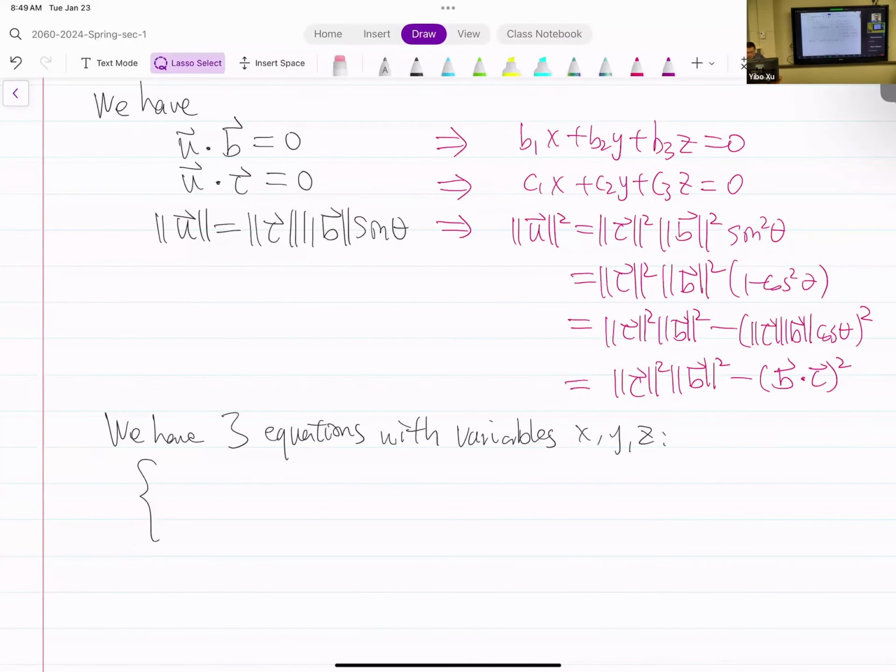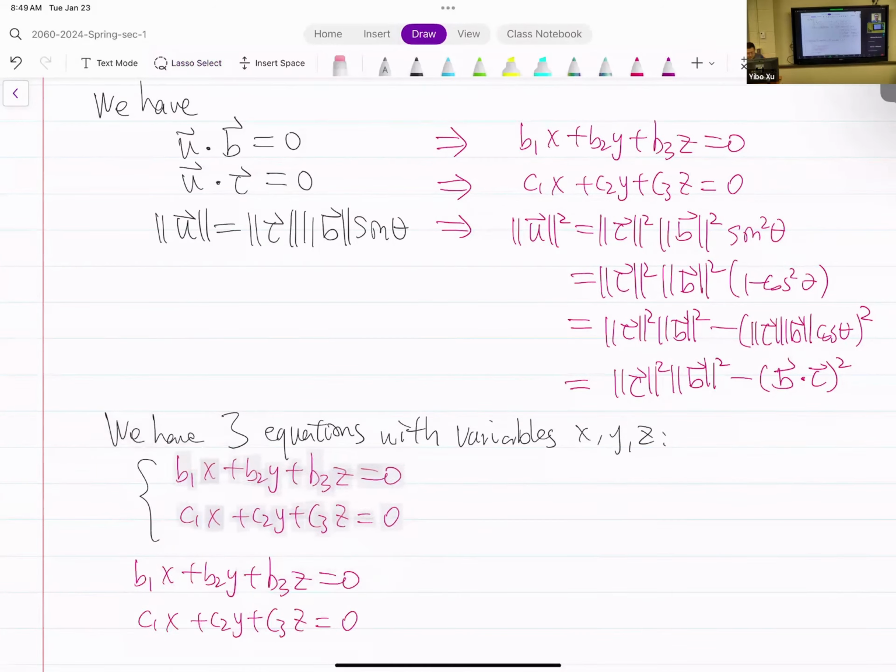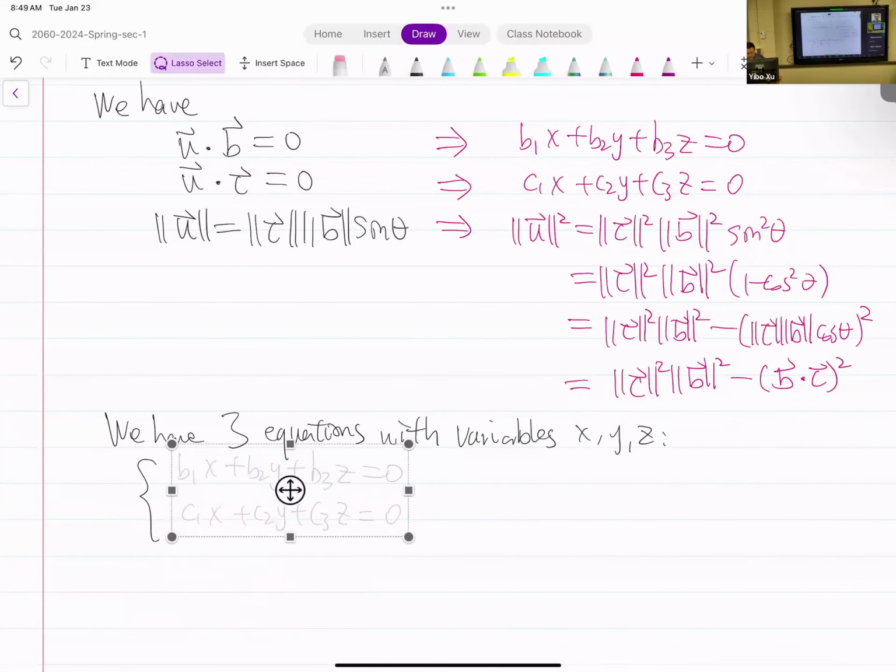So let me put these two. Let's just copy. And then finally, the last one is what? The last one is the magnitude squared is x squared plus y squared plus z squared.